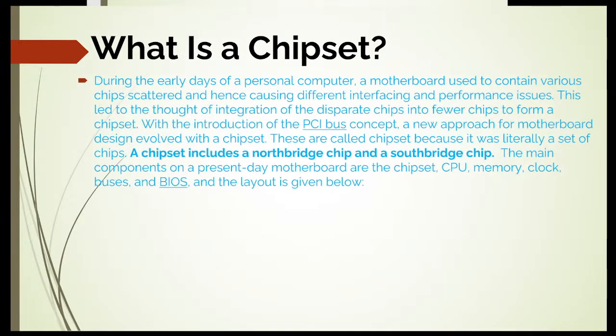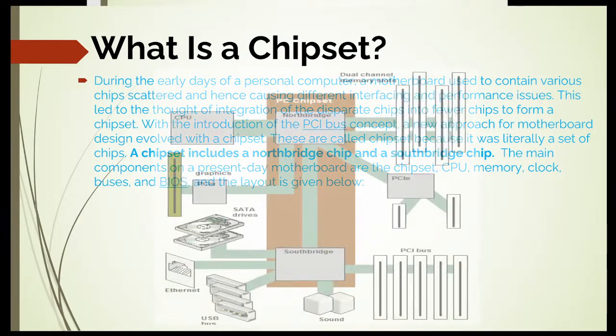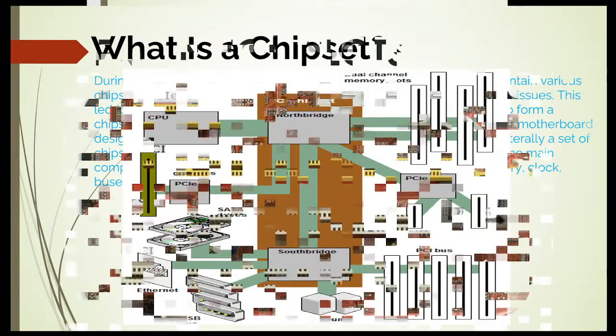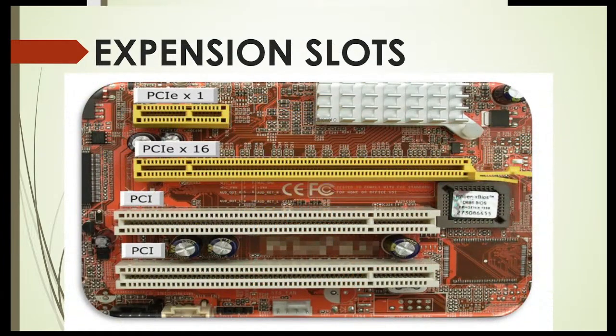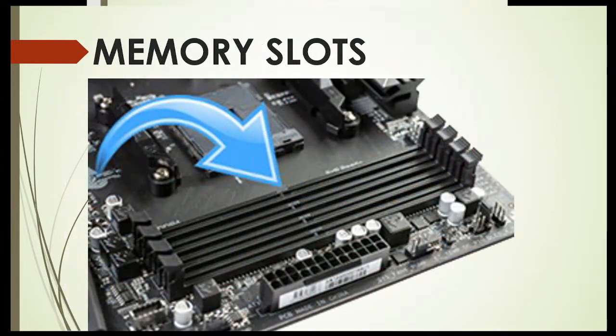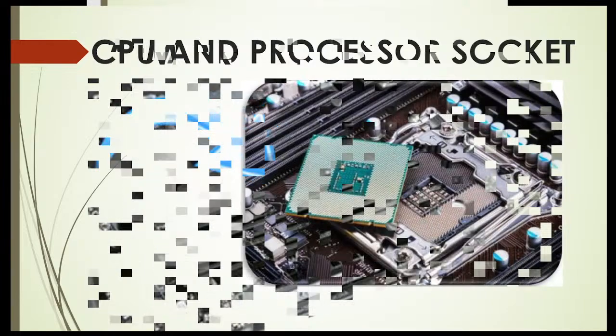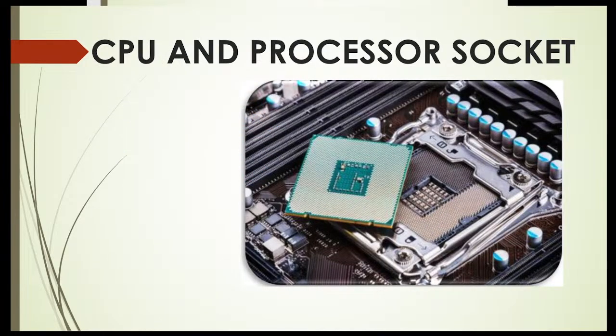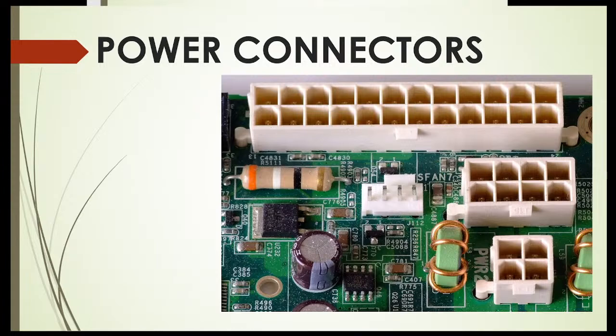The basic definition of chipset, as you may watch in front of your screen, diagram, expansion slots, DIMM slot, memory slot, yeah, we can say that RAM slots, CPU and processor socket, power connectors.